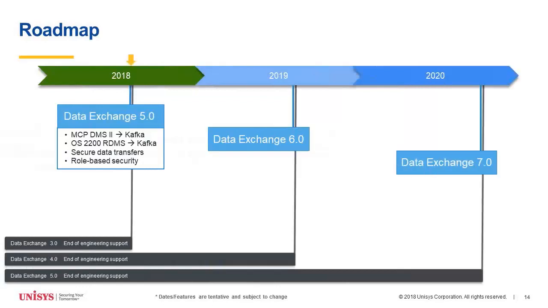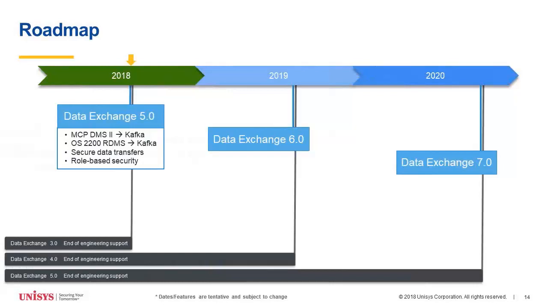Now you see that we are on the Data Exchange 5.0 release. A couple of months back, we sent out a notice to all our existing clients that we are slowly ending Data Exchange 3.0 support. And today is the day when we announce that to the wider audience. Please remember that Data Exchange 5.0 was released, the FCSA was completed, and you can order it today.